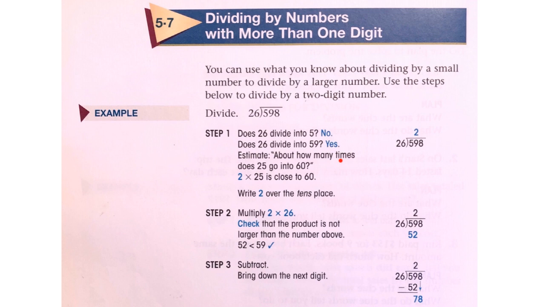Since 26 is very close to 25, it's only one number away, and 59 is very close to 60, it's only one number away, so we rounded to the nearest 5. So 2 25s could go into 60 without going over. So write 2 over the tens place.